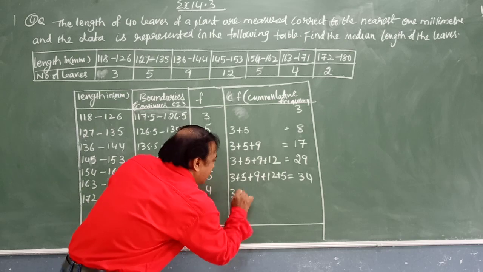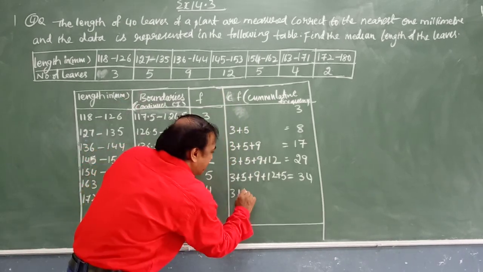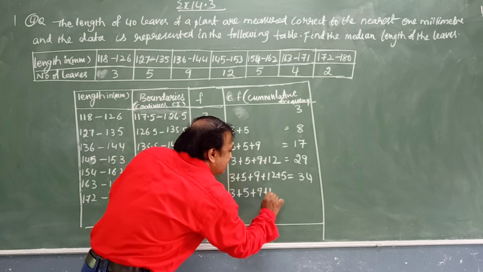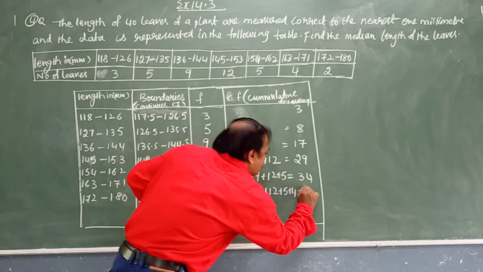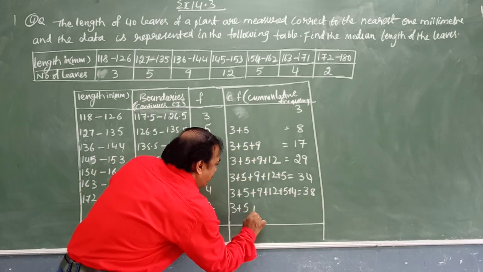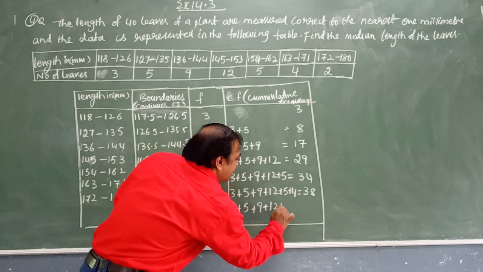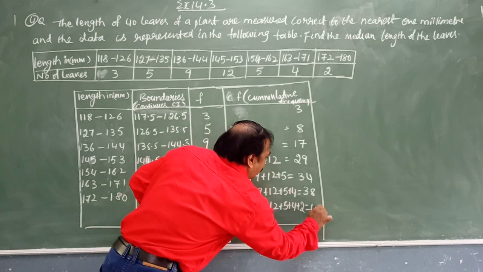You are adding all of these continuously. Then plus 4, which is equal to 38. Next, plus 2, which is 40.